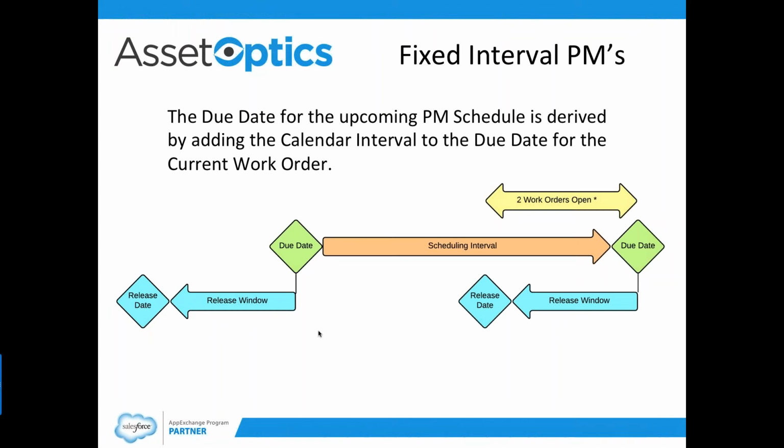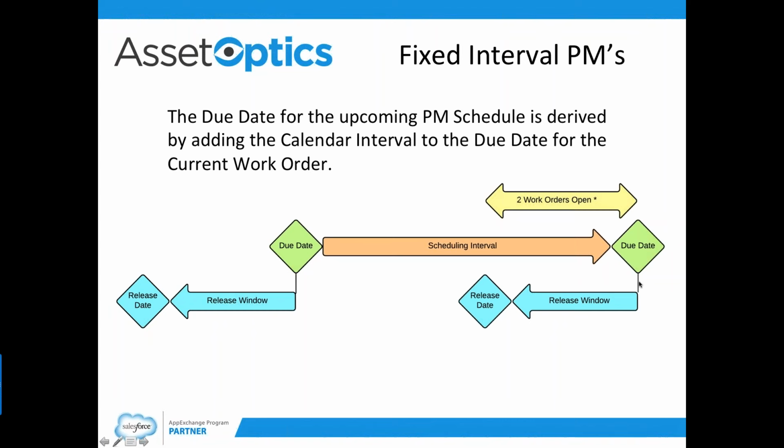For a fixed interval PM schedule, the due dates are calculated using the due date for the prior work order. So if we have due dates that say every 14 days or every 7 days, then the next work order is due by taking the prior work order and adding the schedule interval to it to come up with a new due date.